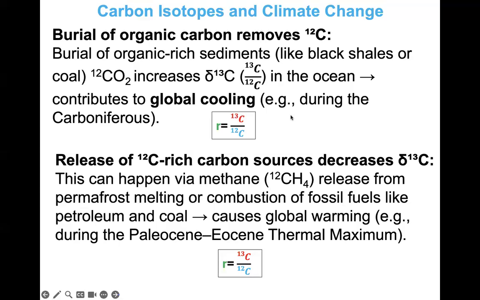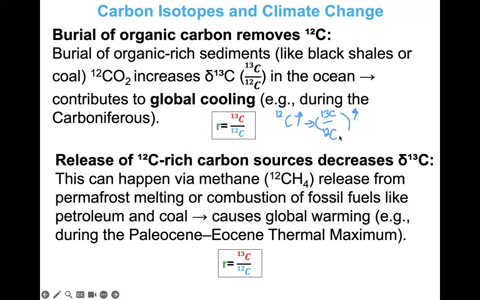So again, C12 is high in black shell and in coal. This means that the ratio C13 over C12 will be higher.